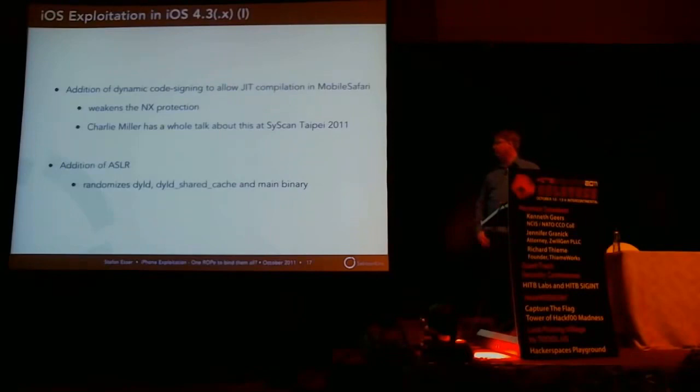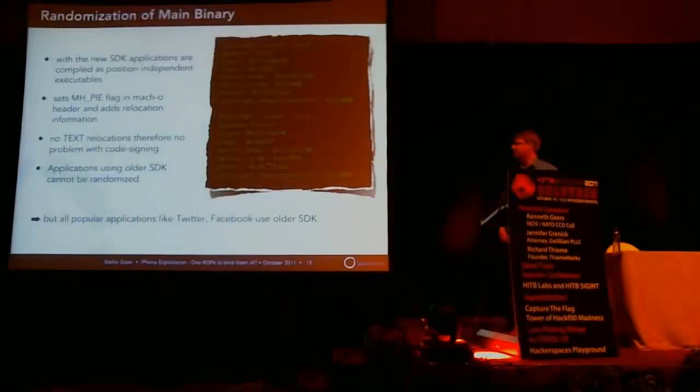So this ASLR in 4.3 basically randomized the dynamic linker, the dynamic shared cache, and the main binary. When you look at the main binary, however, you will see that when you compile an application with a new SDK, Xcode will compile it as a position-independent Mach-O file.